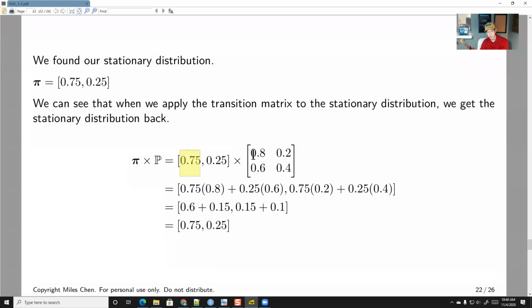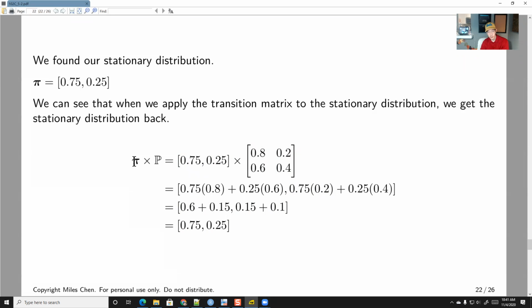So 0.75 times 0.8 is 0.6, and 0.25 times 0.6 is 0.15, and those two add up to 0.75. Then multiplying by the second column, 0.75 times 0.2 is 0.15, and 0.25 times 0.4 is 0.1. So that evens out to be 0.75, 0.25.